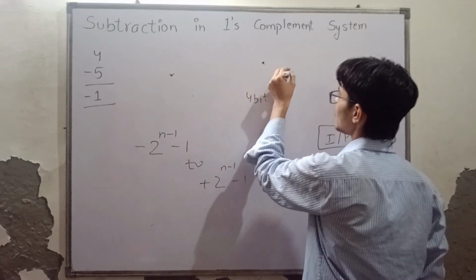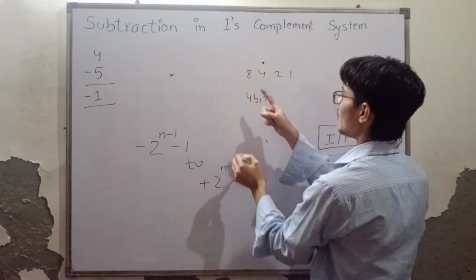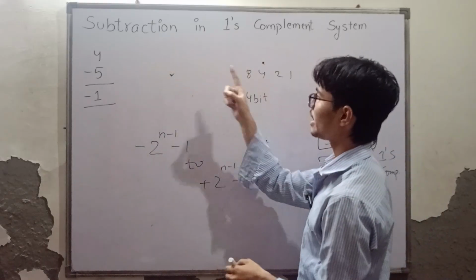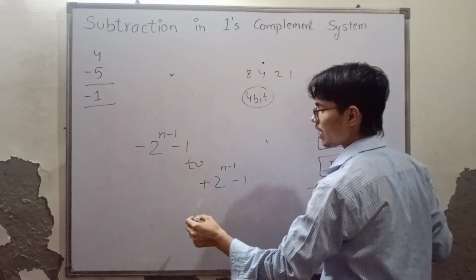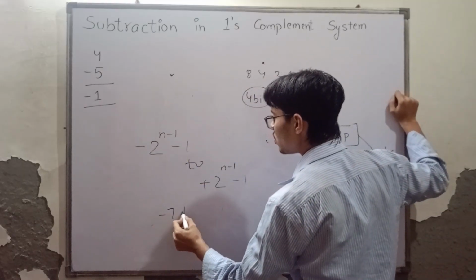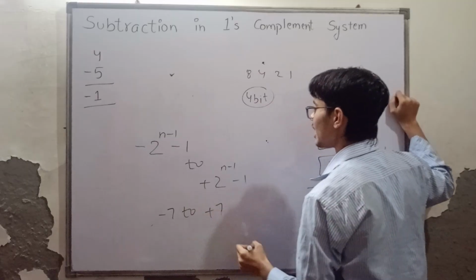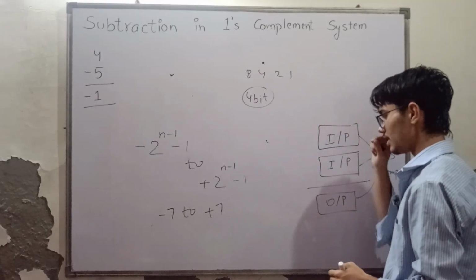I want to represent this number in 4 bits, like 1 2 3 4. I can write 4 here, and minus 5 can also be represented. So what range do I get? Minus 7 to plus 7.